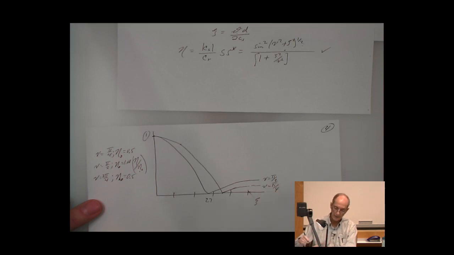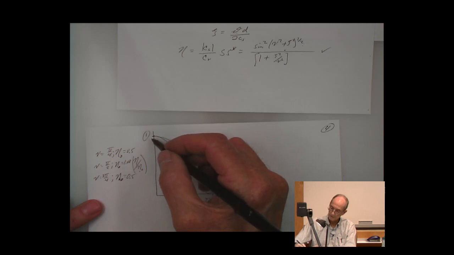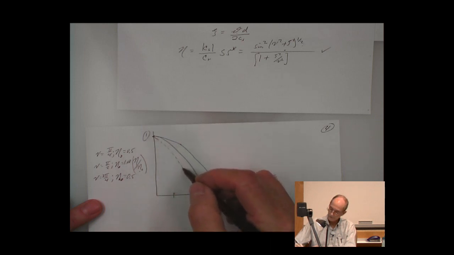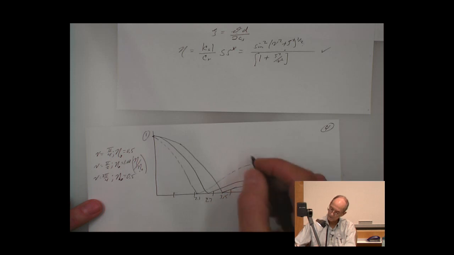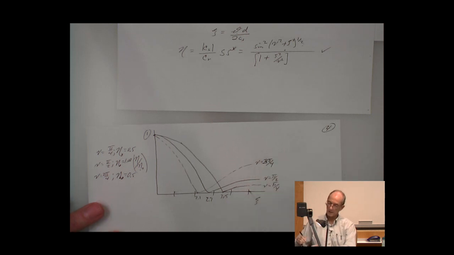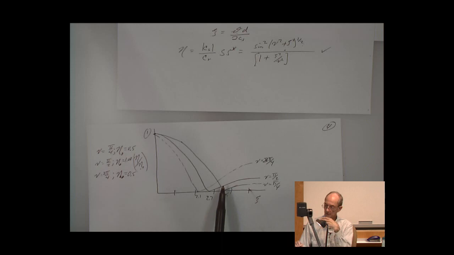And if we have 3 pi over 4, then we end up with a value that comes down around 2.1. So this is about 3.5. This is about 2.1. And then it starts to rise more quickly out here. So here's nu equals 3 pi over 4.